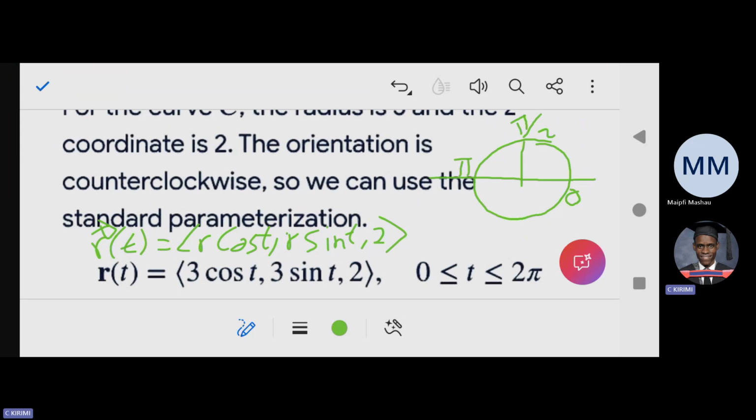When you come back, remember we say it's anti-clockwise. So your path is like this. You indicate with those arrows, that is your path, anti-clockwise, starting from 0 degrees to 2 pi, which means 360 degrees.